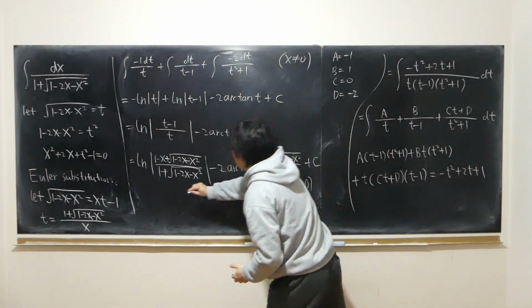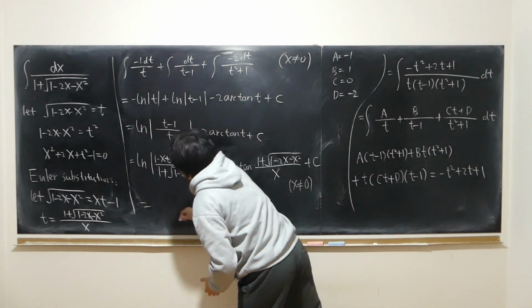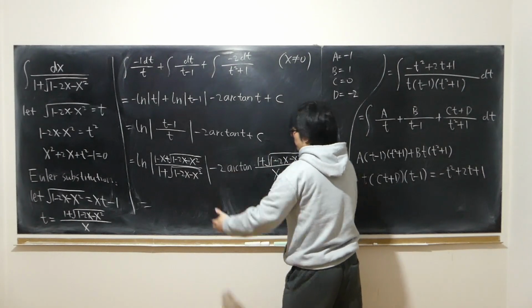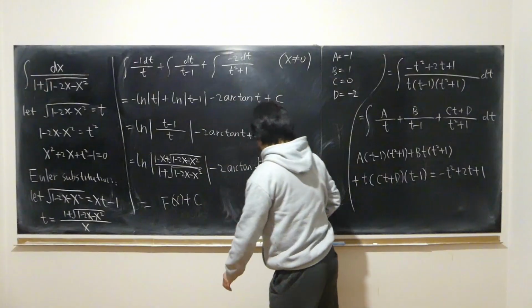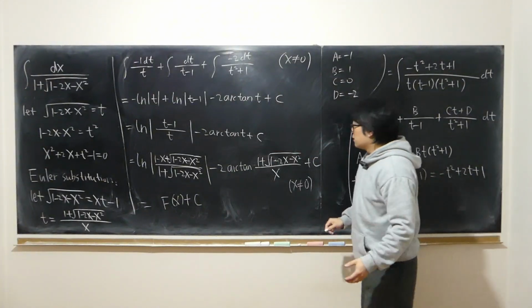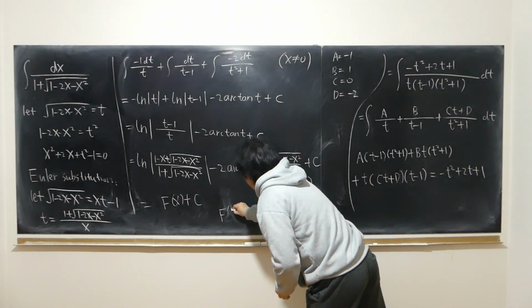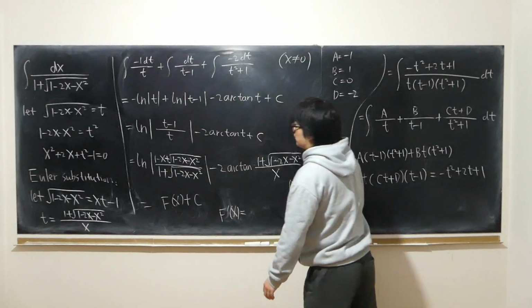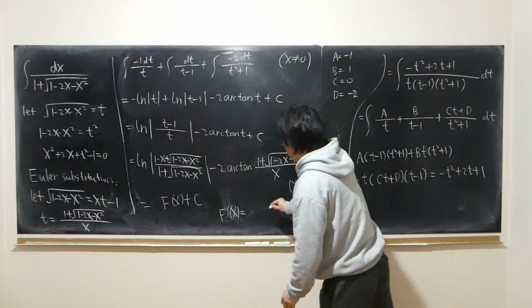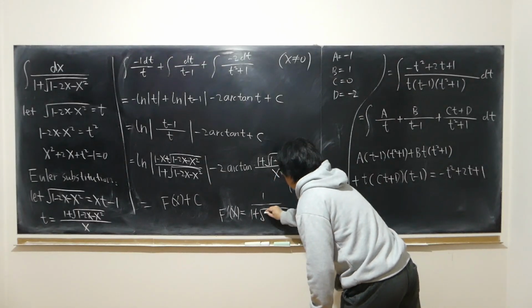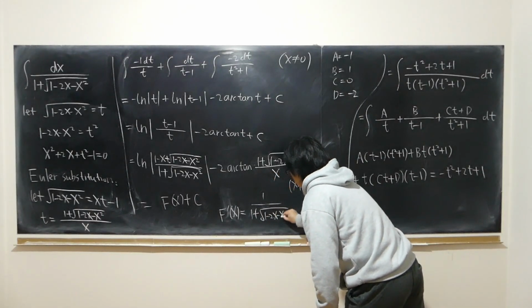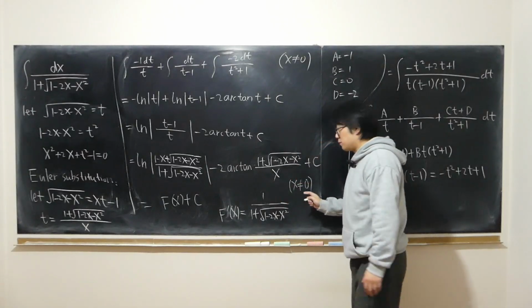I call this whole thing g, f of x plus c, which means f prime of x should equal to the inside, 1 over 1 plus square root, when x is not equal to 0.